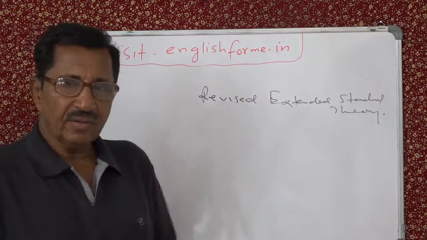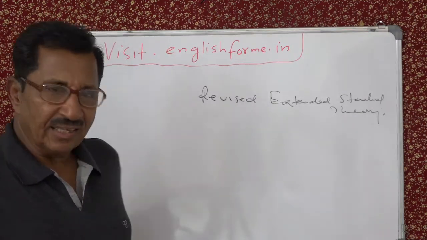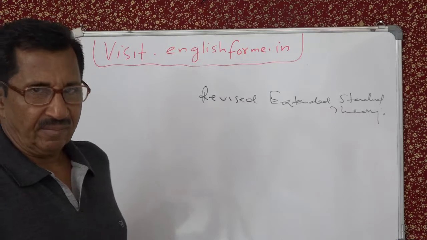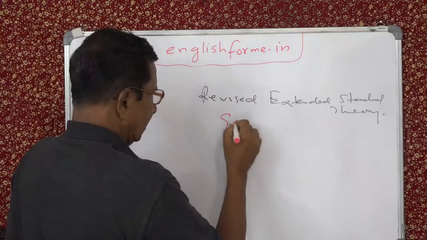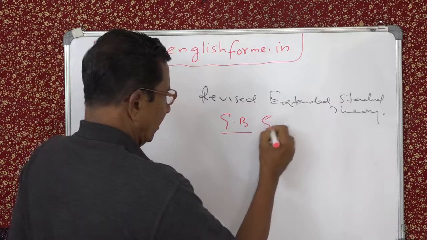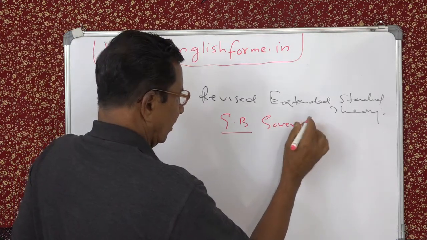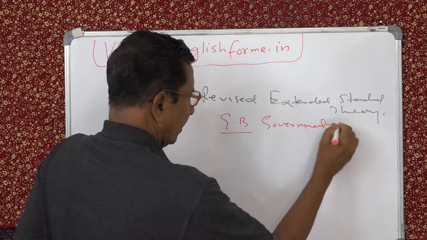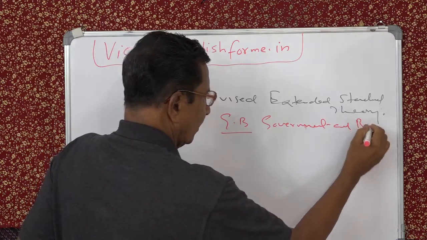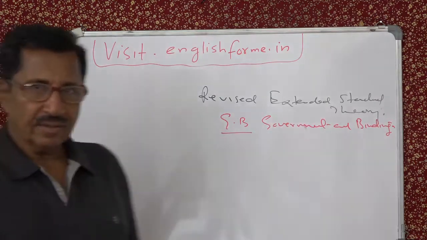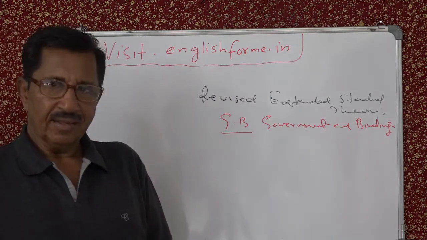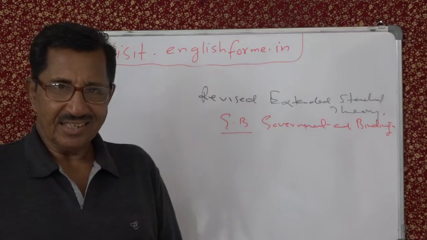And there you have got GB, this is government and binding. We shall see tomorrow or the next class what is government and binding. Understand?